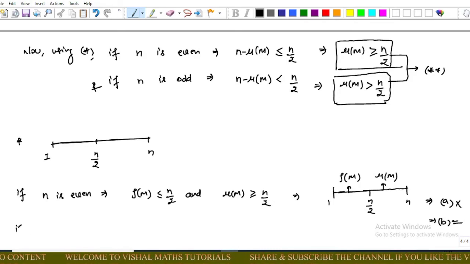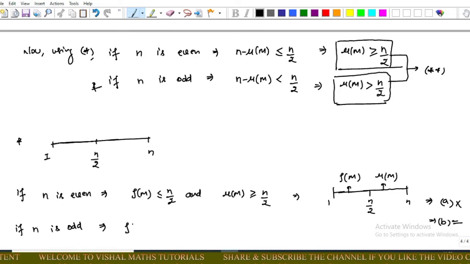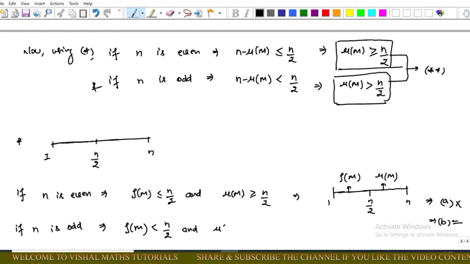And if n is odd, this implies that rank of M is less than n upon 2, and nullity of M is greater than n upon 2.